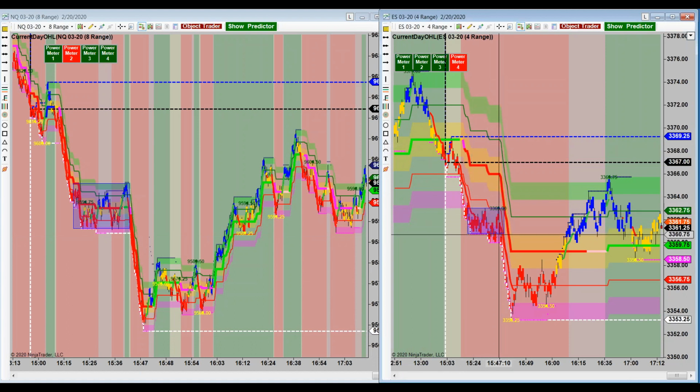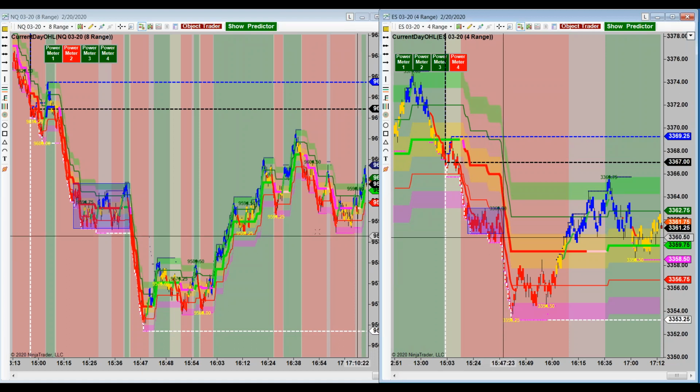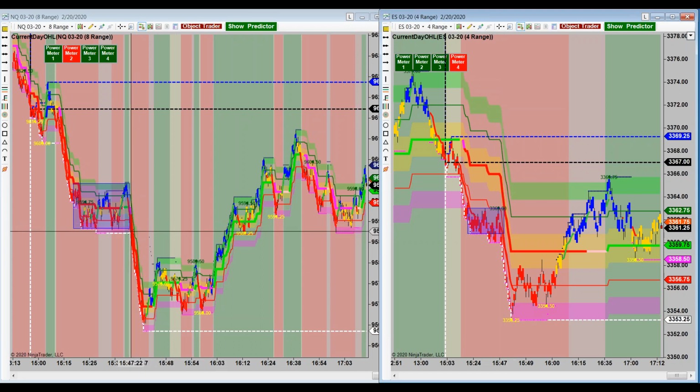And then it broke down at 15:47. What was that time over here? Almost the same time, within a minute of each other. See how the movements are very close and parallel to each other? Sometimes NASDAQ is just a hair before when it breaks.